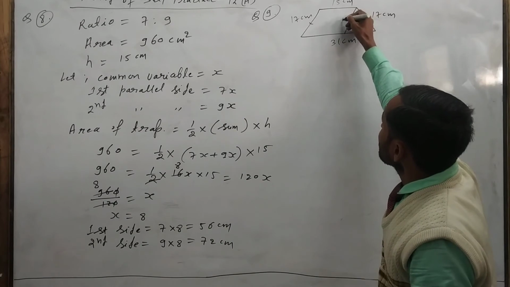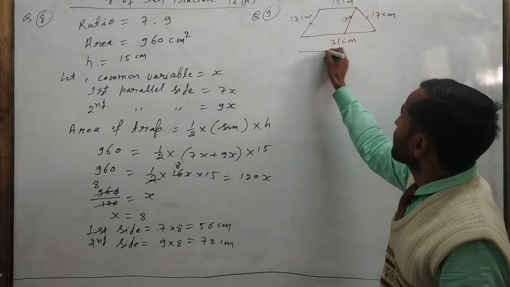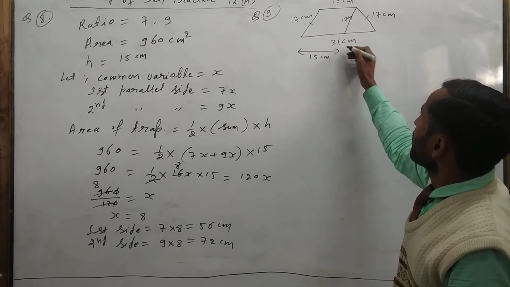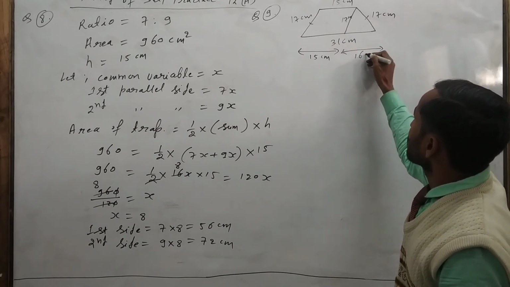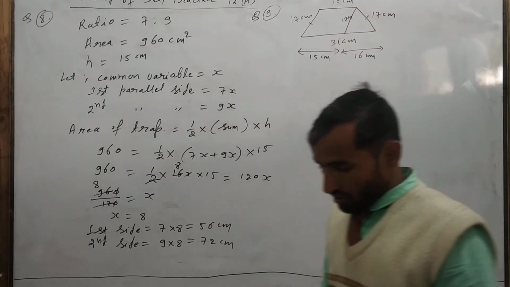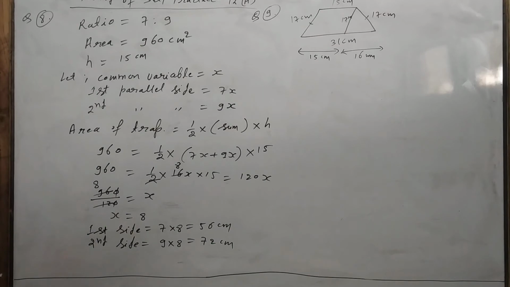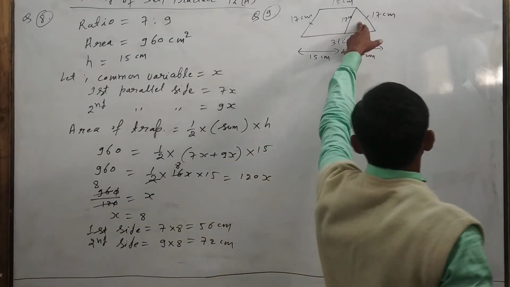It means it will be 17 centimeter, and this one also equal, so it will be also 15 centimeter. So 31 minus 15, it will come 16 centimeter. So this triangle, we know all the sides 17, 17 and 16. Now we have to find area of this triangle first of all.